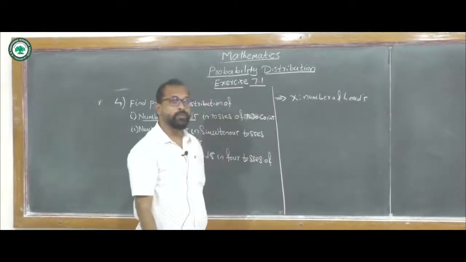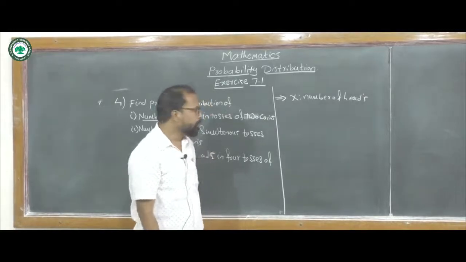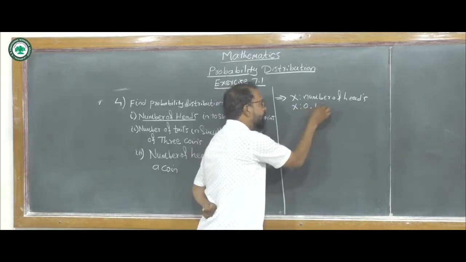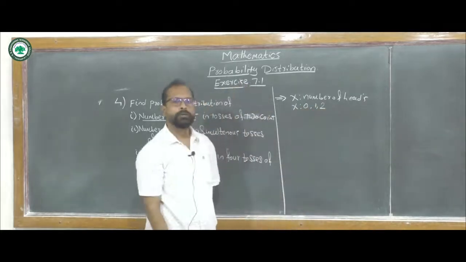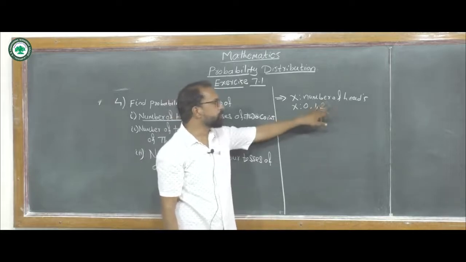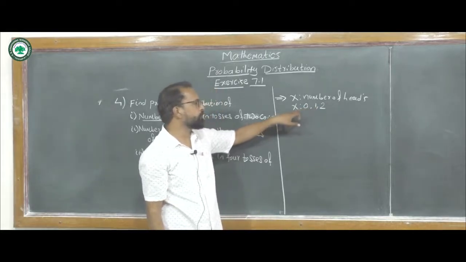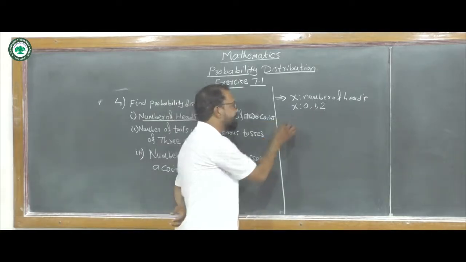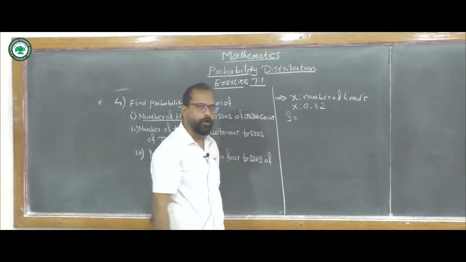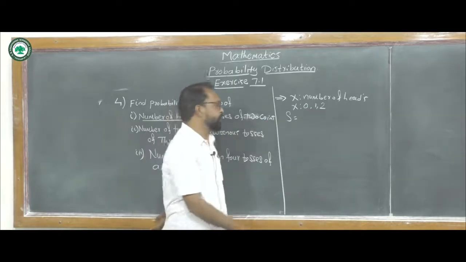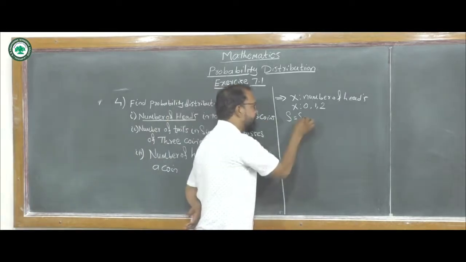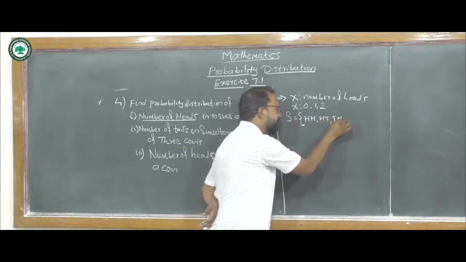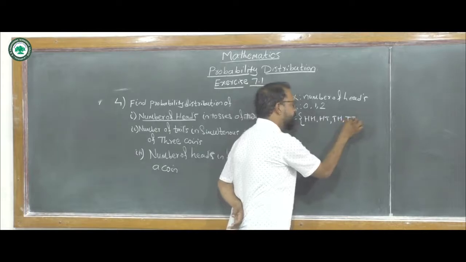Now since we toss only two coins, the values of X are 0, 1 and 2 only. And the sample space for an experiment of tossing two coins is given by HH, HT, TH, TT.